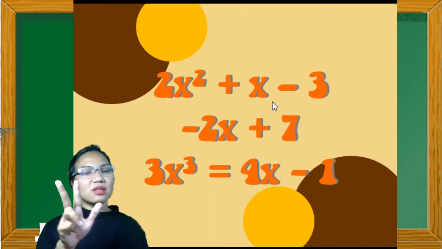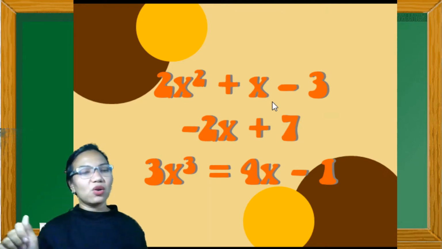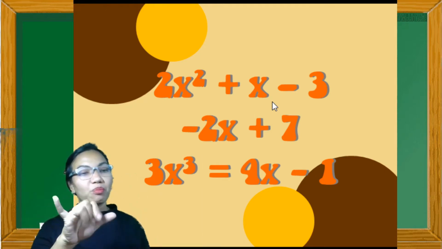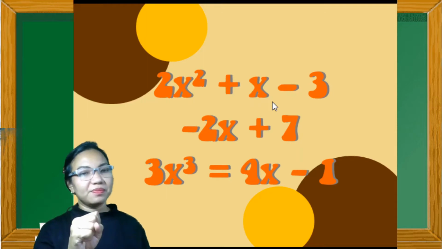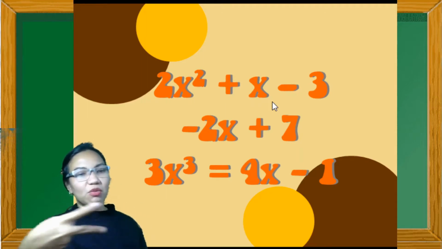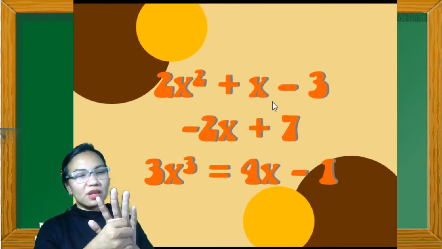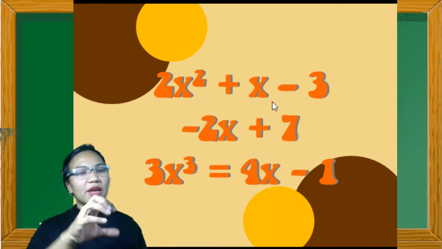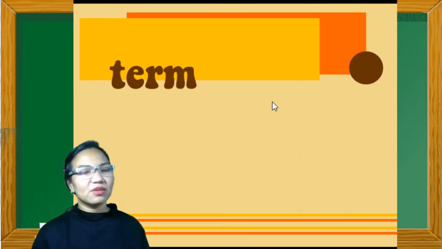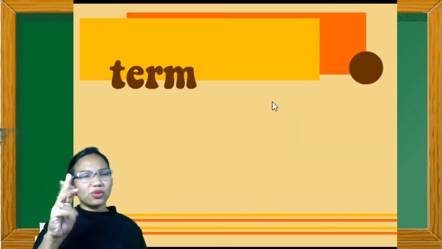The three of these that you can see are all examples of polynomials. And even the third example that you can see has an equal symbol, that's supposed to be also a polynomial. What is this term?